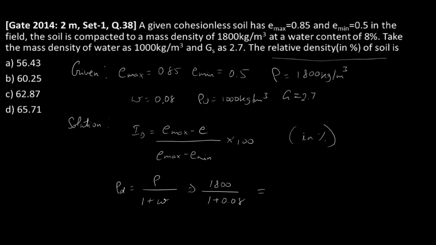We'll calculate the dry density: 1800 divided by 1.08, which is 1666.67 kilogram per meter cube.